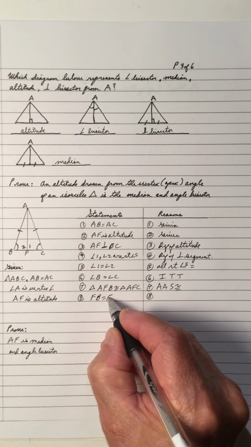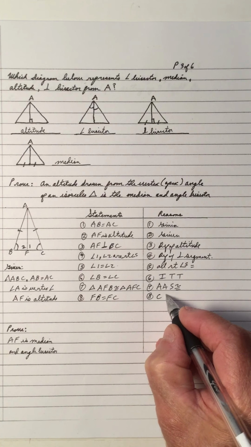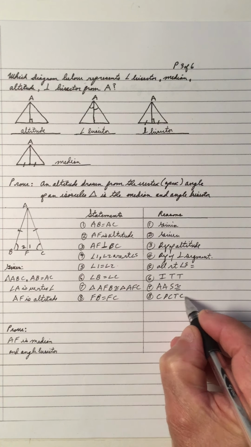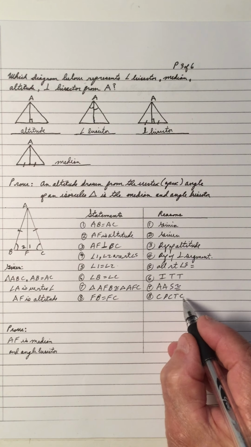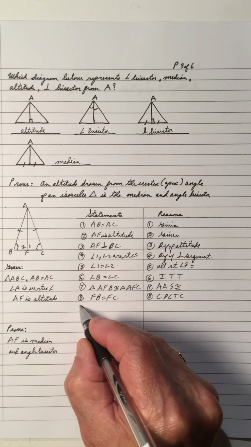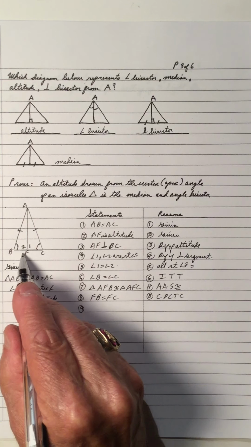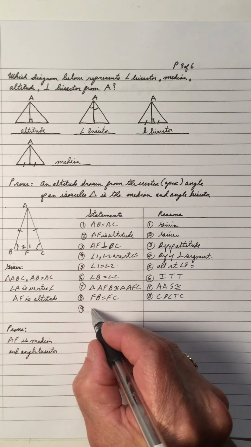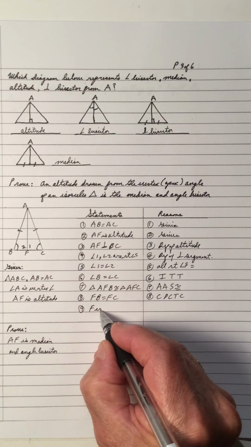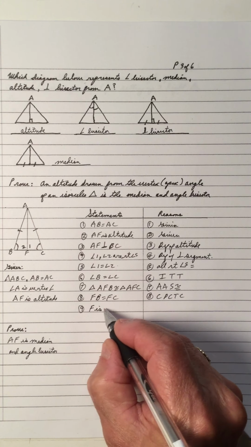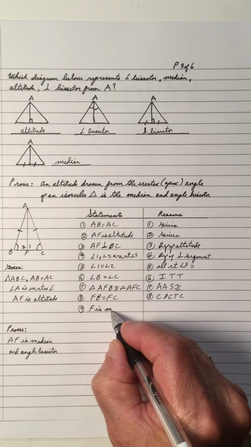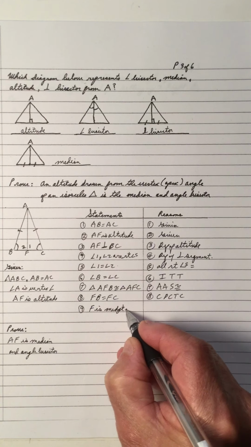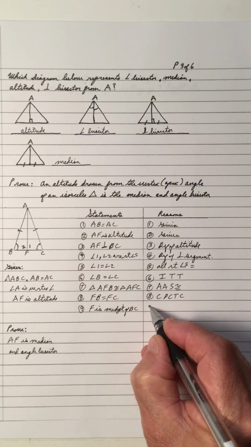So because we have our triangles equal, that means FB is equal to FC, CPCTC. Corresponding parts of congruent triangles are congruent. And because we have these two segments equal, that means F is the midpoint of BC.